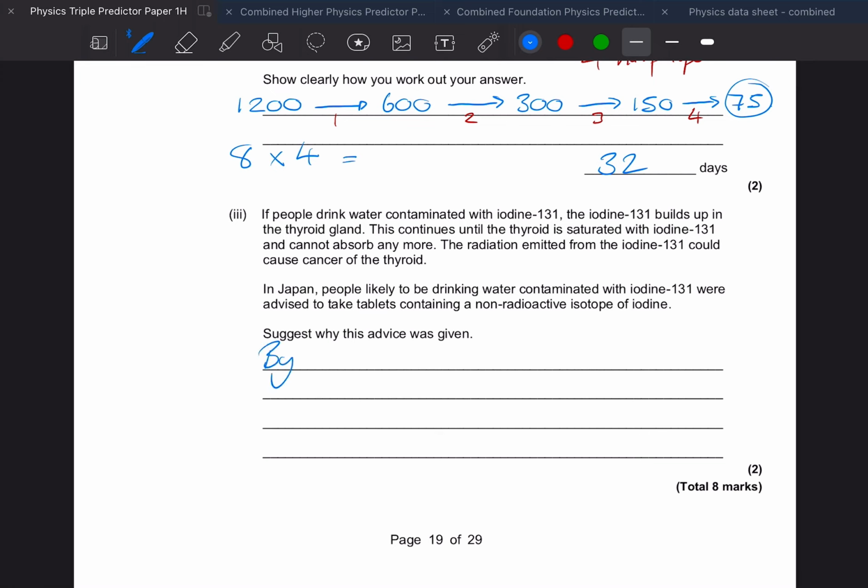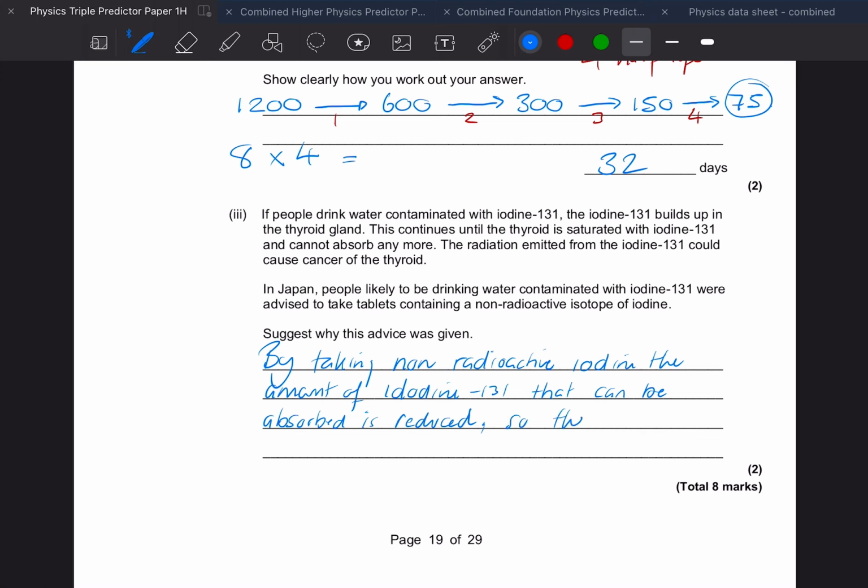By taking non-radioactive iodine, the amount of iodine-131 that can be absorbed is reduced, and if they've got less 131, there'll be less radioactive stuff, so the ionization will be less, so there'll be less for the cancer.